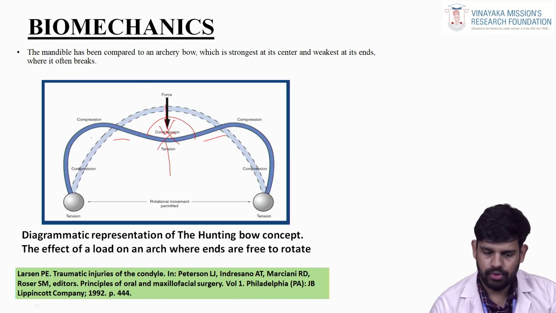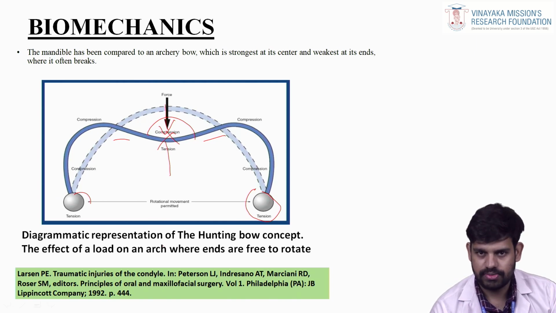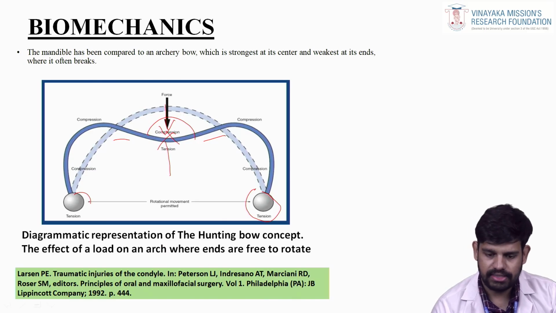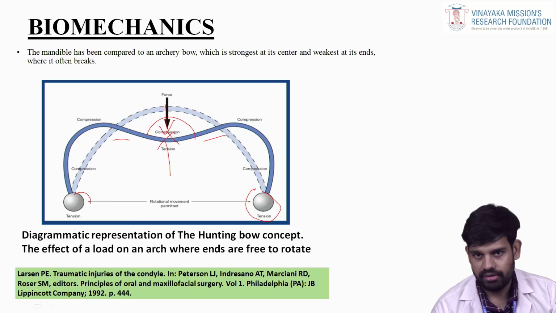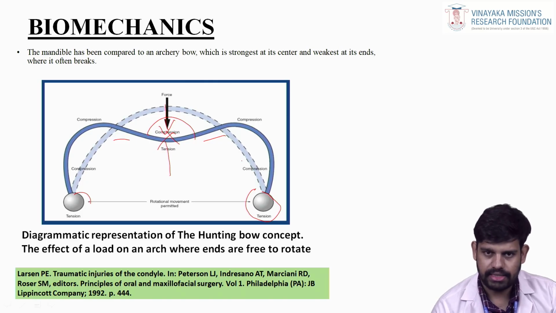This dissipated force goes to the weakest portion, that is the condyle, and it causes tension at both condyles, leading to fracture of both condyles along with the fracture of the symphysis. So in cases of parade ground fracture or Guardsman's fracture, when the blow is at the symphysis region, due to a fall from a height or an inadvertent fall, it causes a deep impact or strong blow in the symphysis region, dissipating the force on either side to the weakest portion, causing heavy tension at that weakest point, leading to fracture of the bilateral condyle.